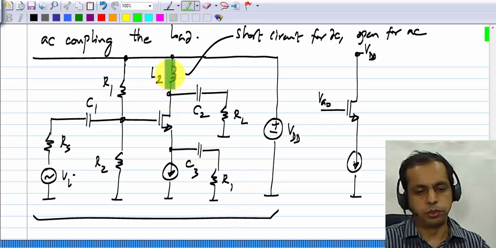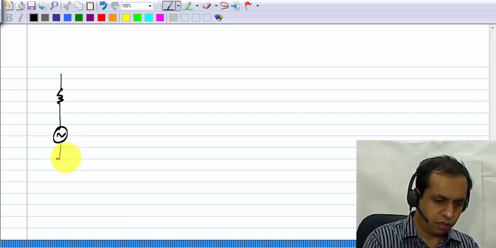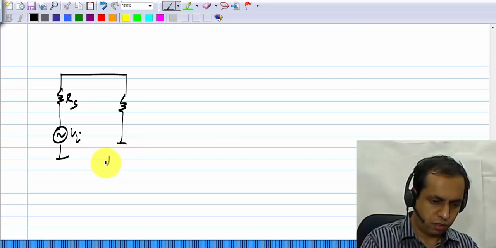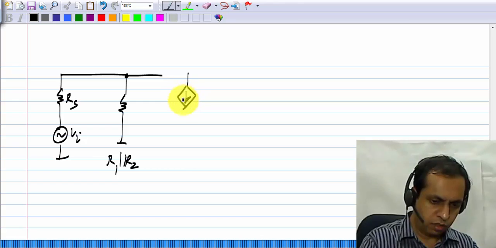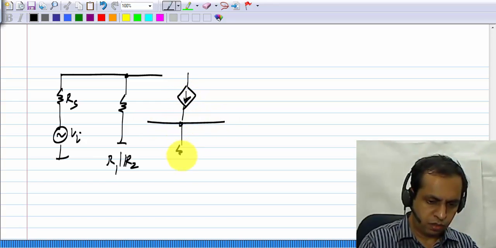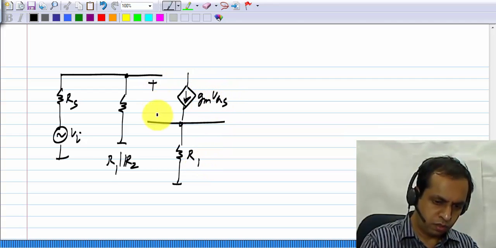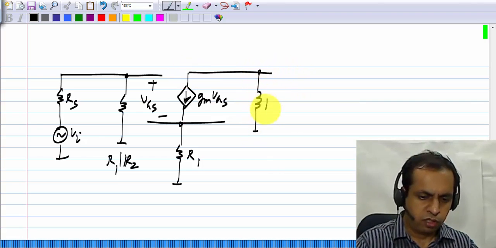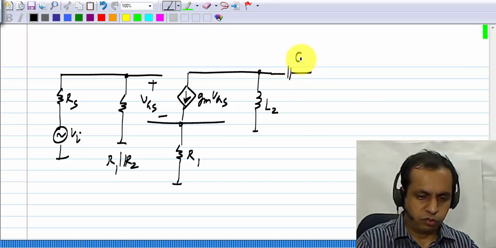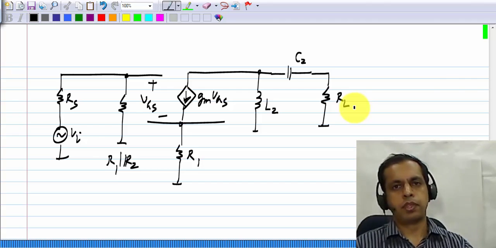Our interest now is to only find the values of L2 and C2. Between the drain and small signal ground, we have L2, and between that and the load, we have C2, and then we have the load resistance.